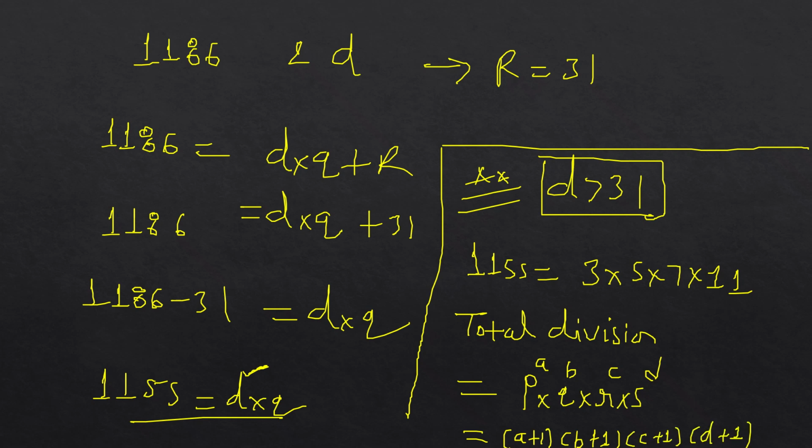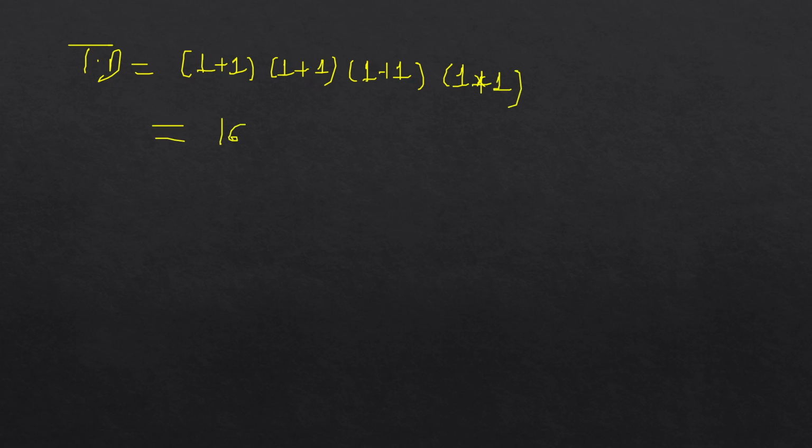Here it is 1 plus 1 multiplied by 1 plus 1 and so on, because A, B, C, D are all 1. So we'll get a total of 16 divisors.